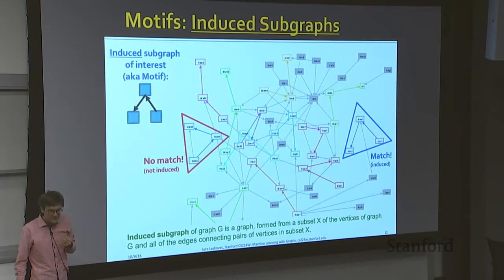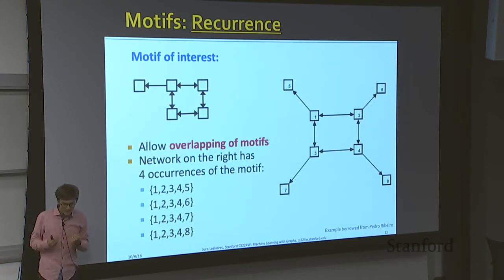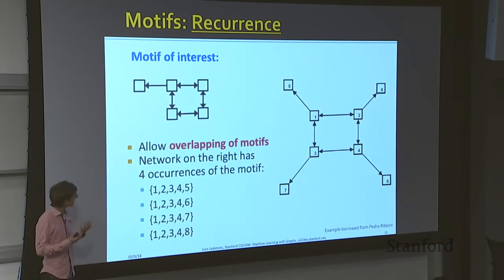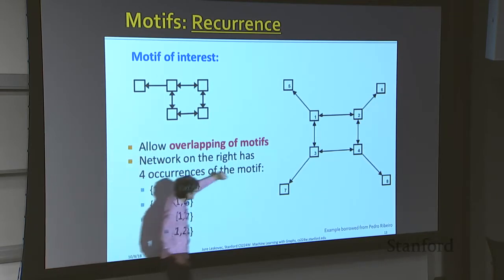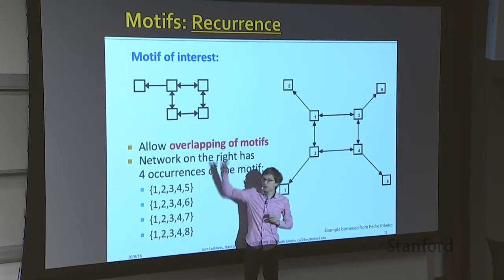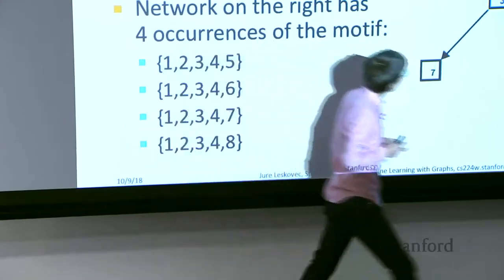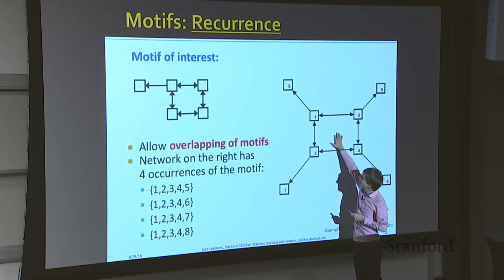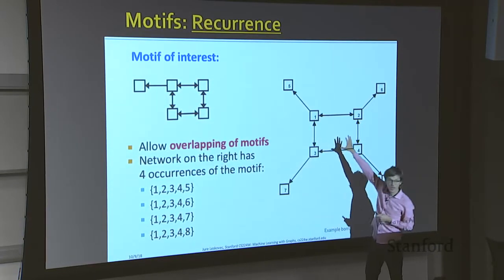Now, the second thing, we need to define the notion of occurrence. And the notion of occurrence is such that we allow for overlaps. The best way to illustrate this: if this is my motif of interest, and this is a toy graph, then in this graph my motif of interest occurs 4 times, right? The reason it occurs 4 times is because we have this bidirectional rectangle here, and then we have one outgoing edge from the rectangle.